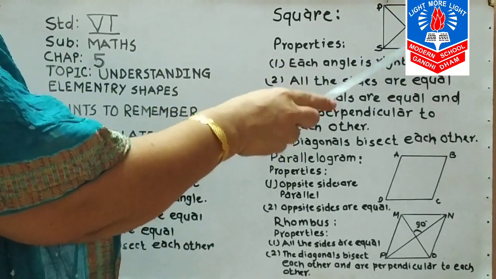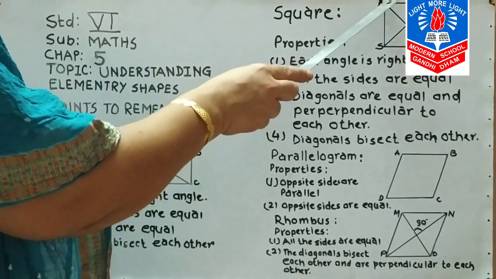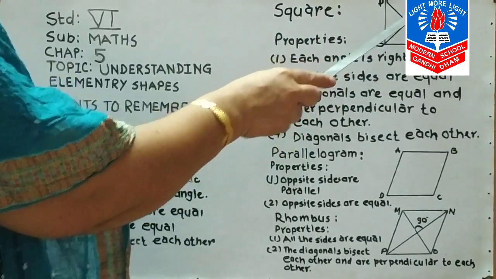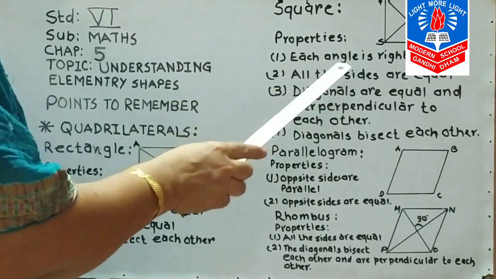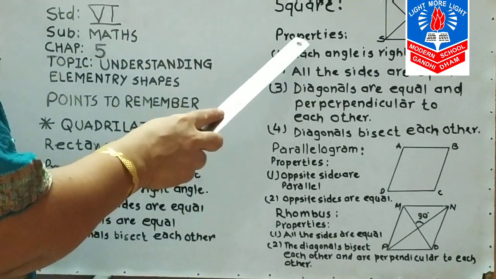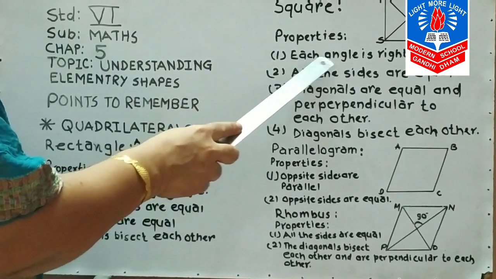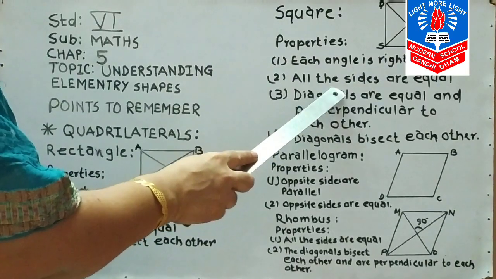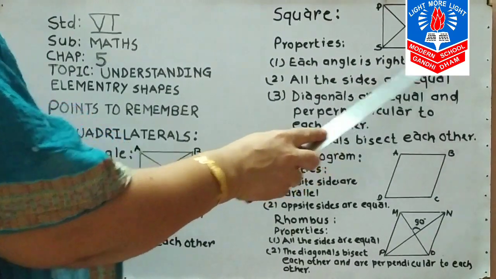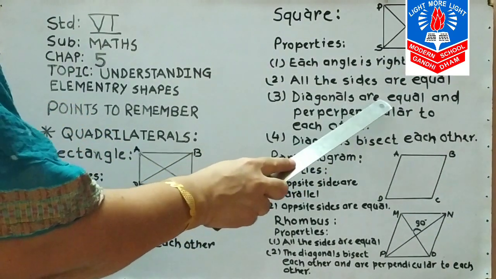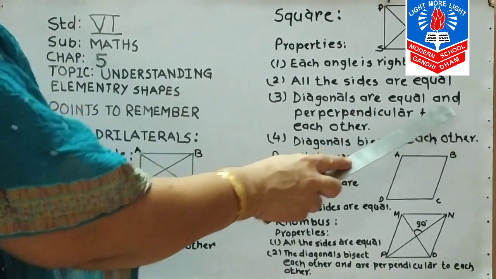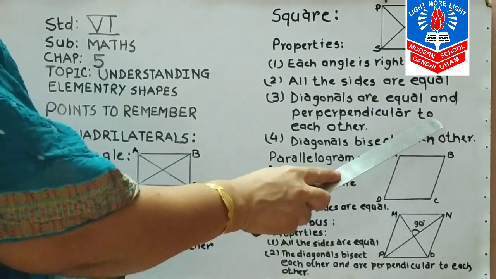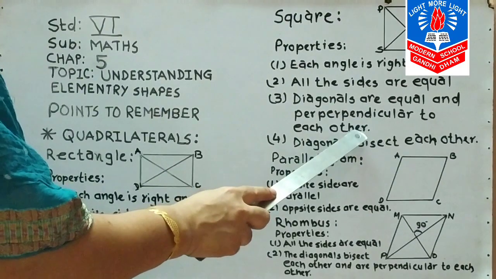Diagonals bisect each other and diagonals are perpendicular to each other. So the properties of a square are: each angle is a right angle, all the sides are equal, diagonals are equal and perpendicular to each other.